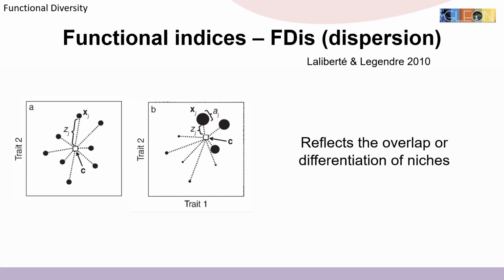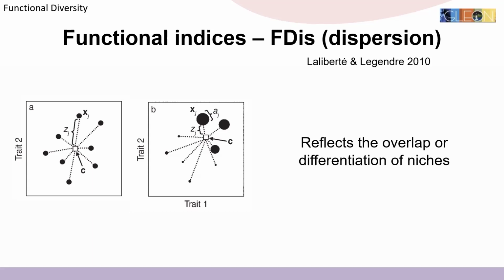Again, each dot here is a species, and if the dot is bigger, it means that the abundance of that species is also higher. When we have species with more abundance, they are going to be closer to the centroid. This will reduce the distance to the centroid, and then the mean of distances, and then we have a lower functional dispersion.